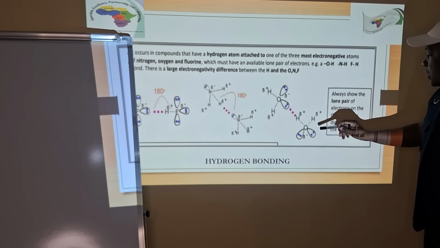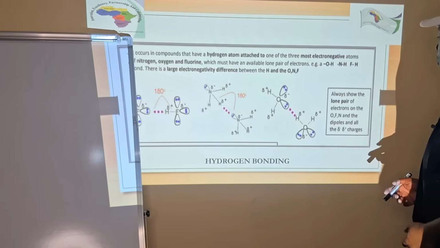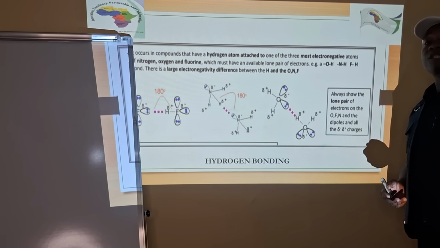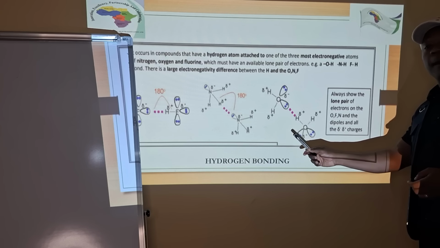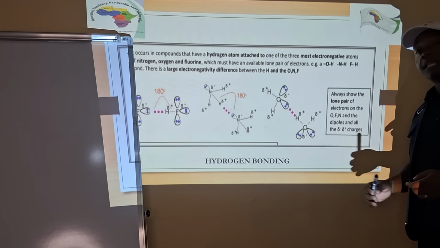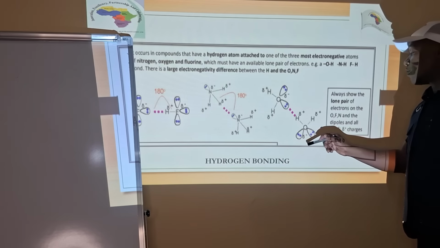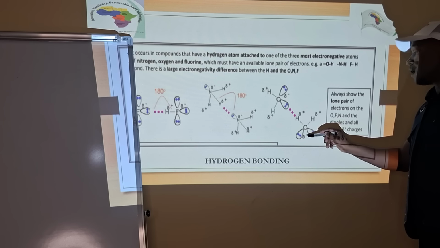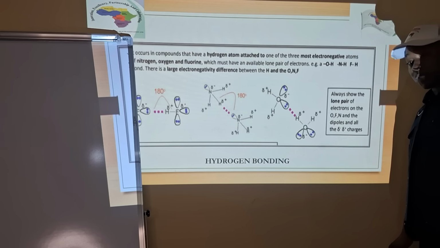Hydrogen bonding is exemplified by a water molecule. We know the molecular structure of water, H2O, 2 hydrogen atoms to 1 oxygen atom. And we have seen that the reason why water has a bent structure is because of the 2 pairs of lone electrons present in the oxygen atom. So the oxygen atom is going to get a partial negative charge, whereas the hydrogen atom will get a partial positive charge.